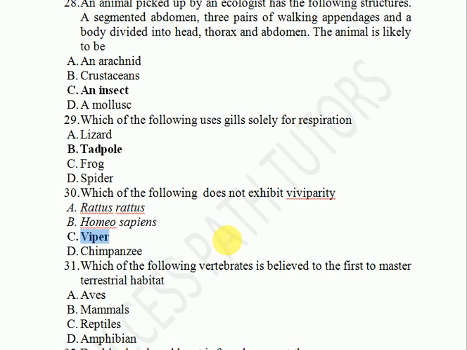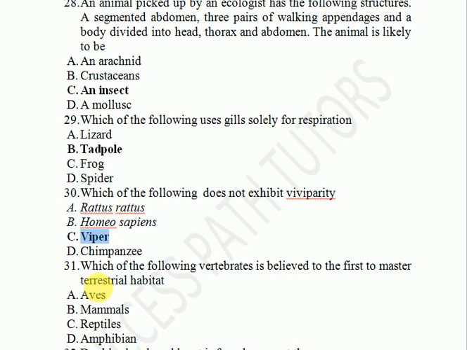So viper is ovoviviparous. Don't forget, viviparity is giving birth to young ones alive, not laying an egg, while viper lays a matured egg, and once they lay the egg, it hatches almost immediately.